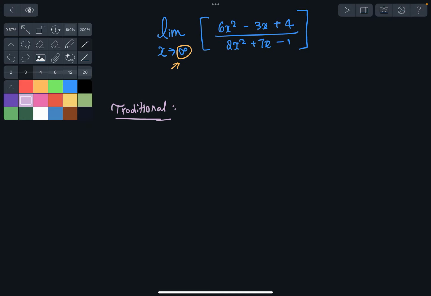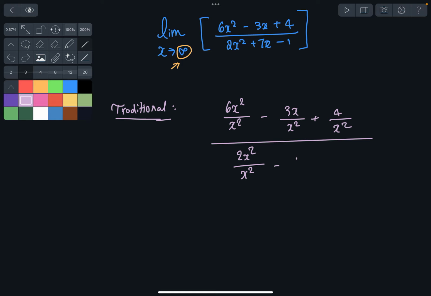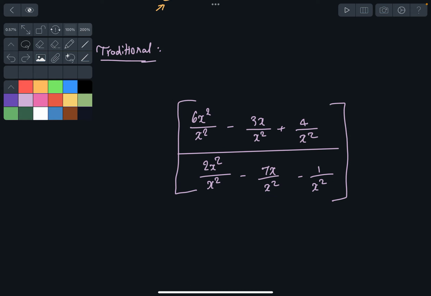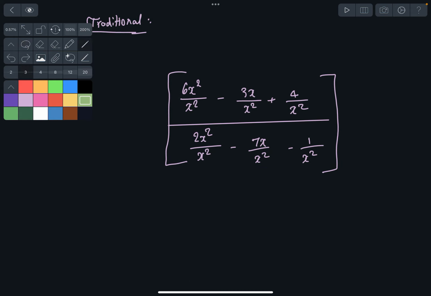So let's do that. 6x squared over x squared minus 3x over x squared plus 4 over x squared, all over 2x squared over x squared minus 7x over x squared minus 1 over x squared. This is your function. We're using the traditional method here. For this function, these cancel out, then we're left with 6.